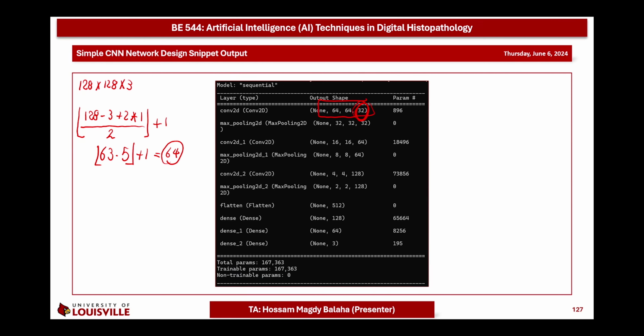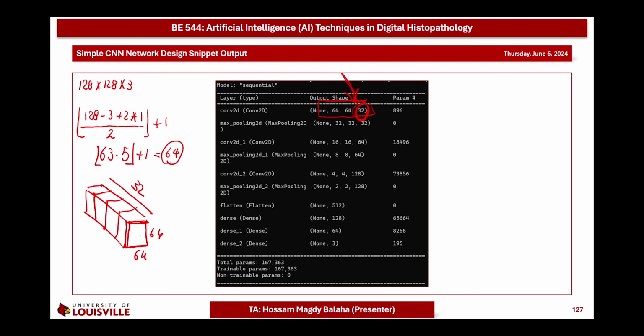Imagine that we have a volume like that. The shape of each of them is 64 by 64, and we have a depth of 32, and this means we have 32 feature maps where each feature map is 64 by 64, and each feature map will capture a set of patterns or features according to the learning process.